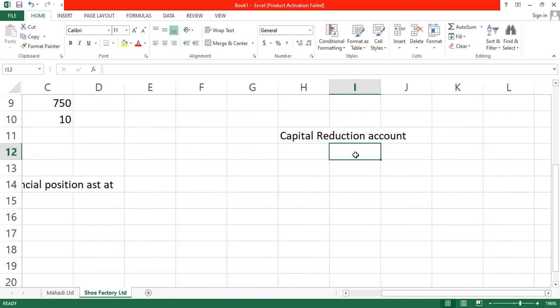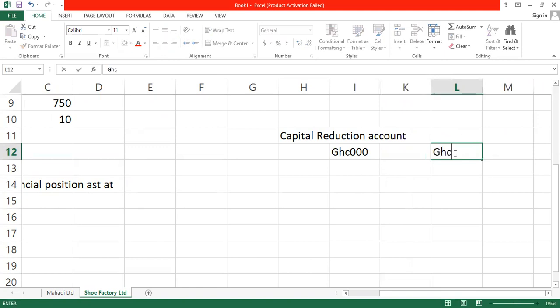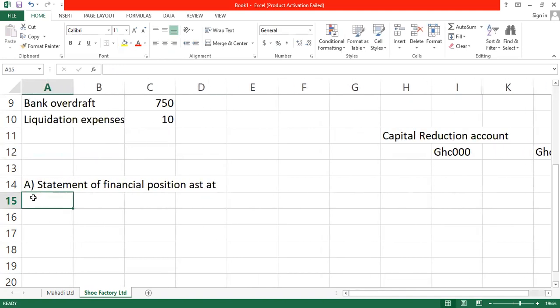So we are going to put the currency sign here, and put the 2 zeros. So this one we start with the asset first.